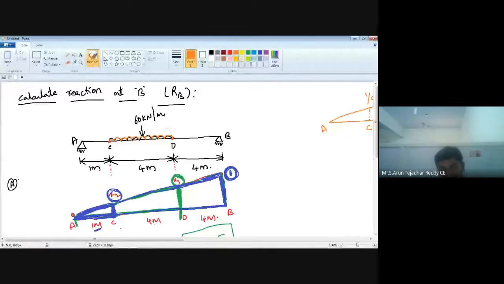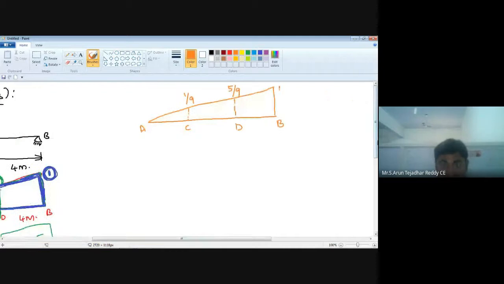So shade this region, because in this portion the load is acting. This portion from C to D is the area of the shaded region.